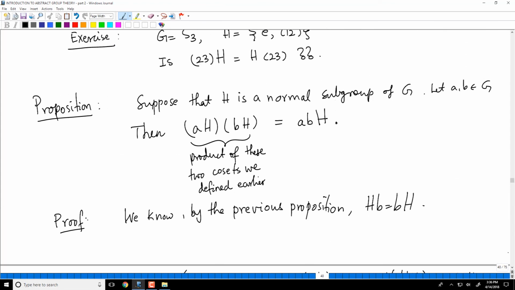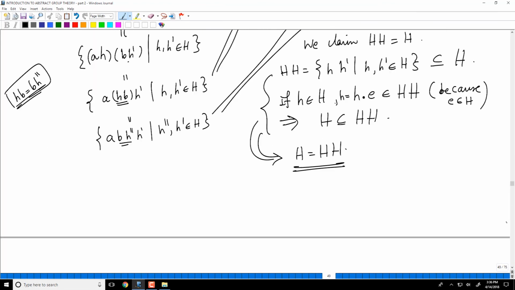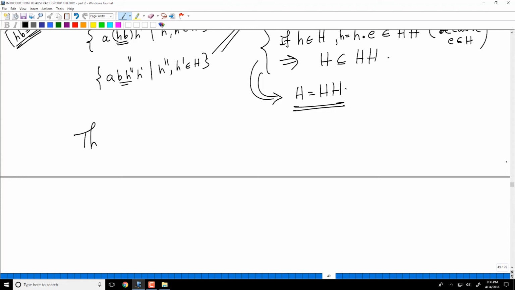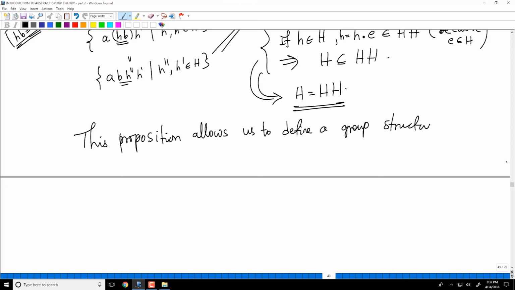So this proposition allows us to define a group structure on G mod H when H is normal.